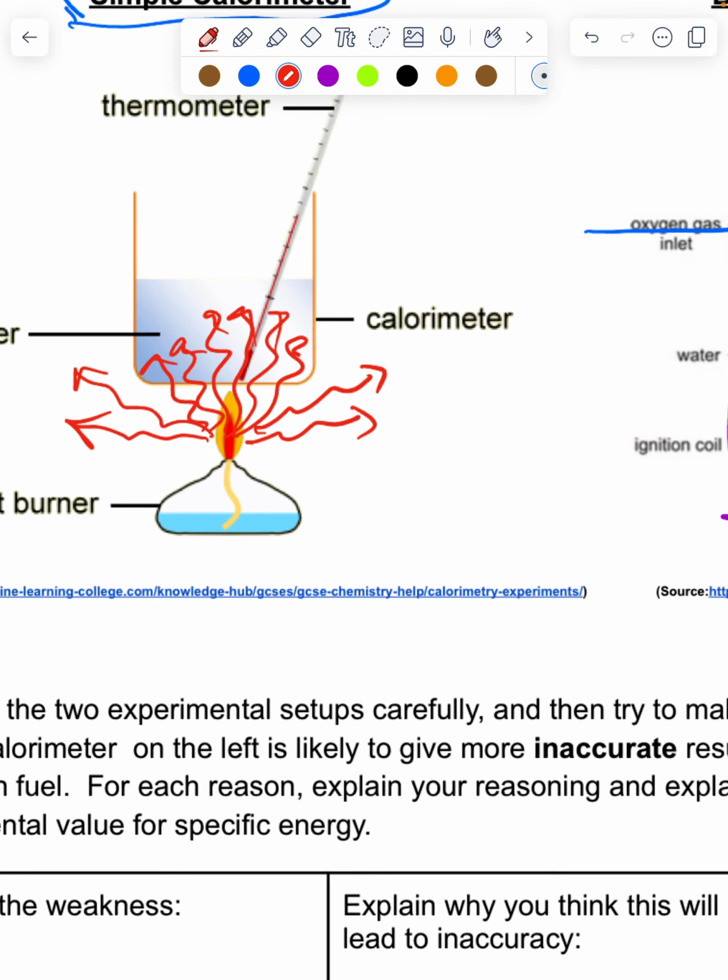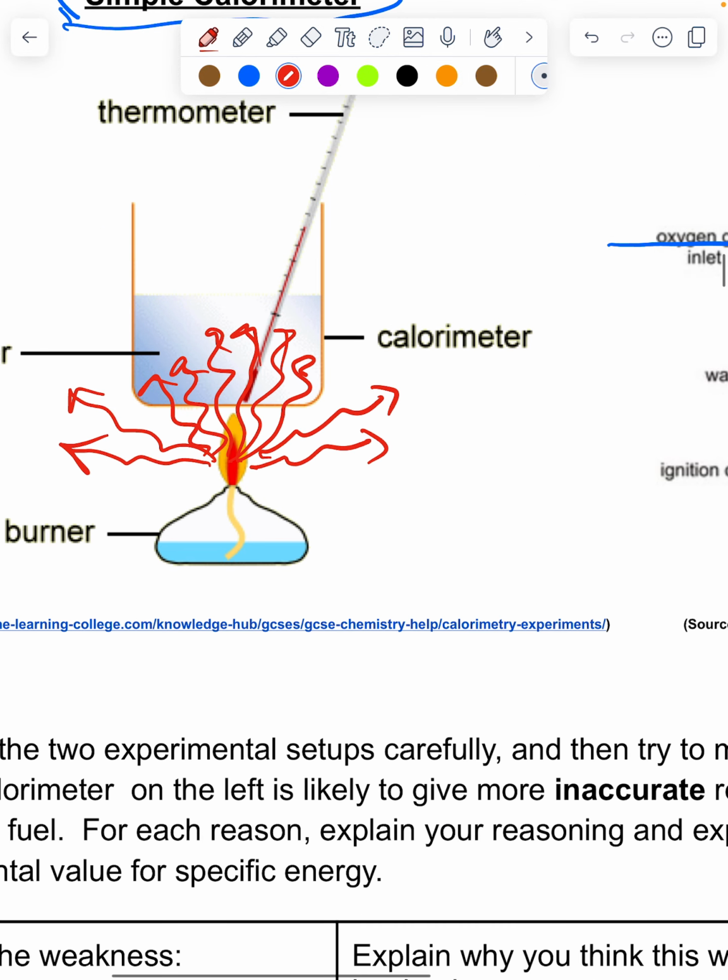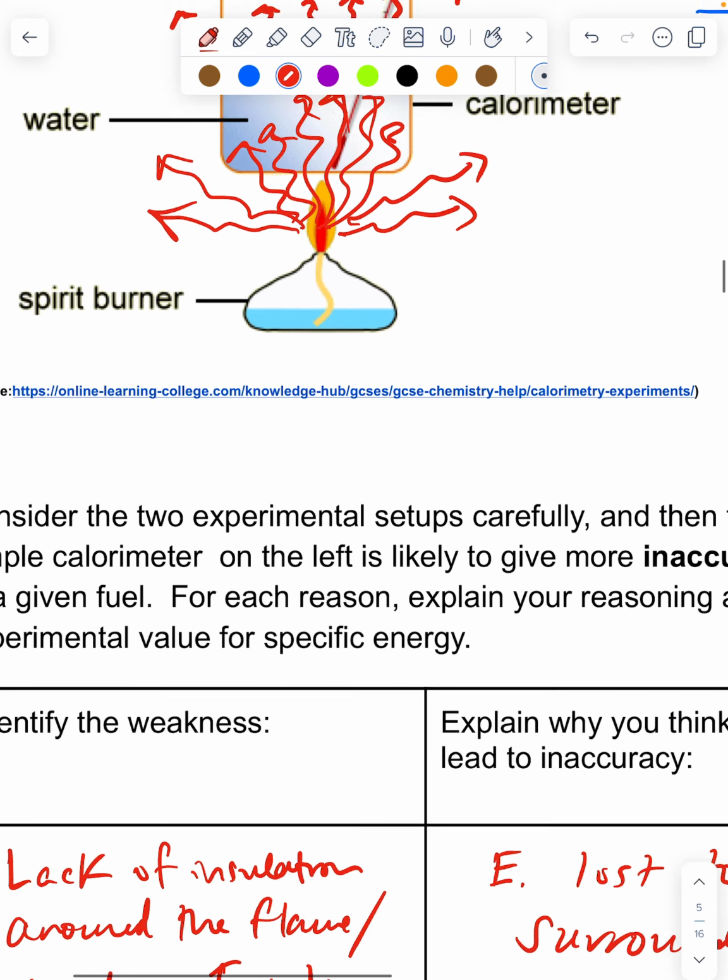That's a lot different than this setup, where when the water gets warm, then the heat can just leave the water. So as soon as the water gets hot, it starts losing heat to the surroundings. And so there's a certain amount of heat loss that takes place due to a lack of insulation.